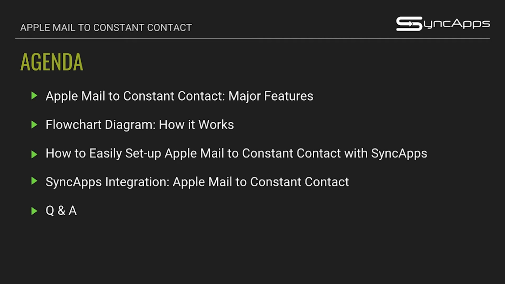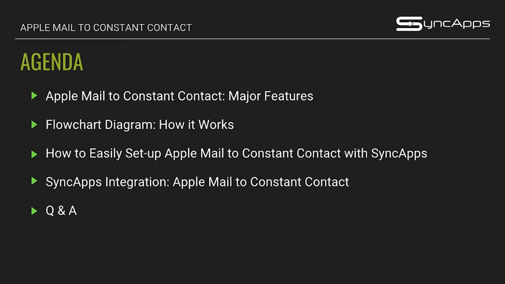So a quick overview of what we're going to be going through in this webinar is, firstly, I'll be showing you the major features of this integration, of course, Apple Mail to Constant Contact, and a flowchart diagram of how it basically works, which is super easy. Third, I'll be showing you how you can easily set up Apple Mail to Constant Contact using SyncApps.